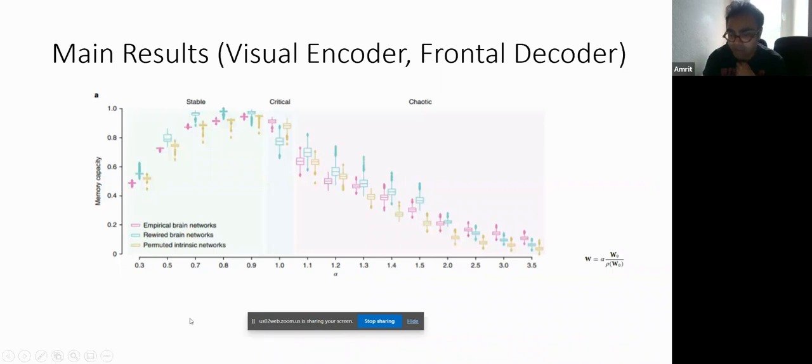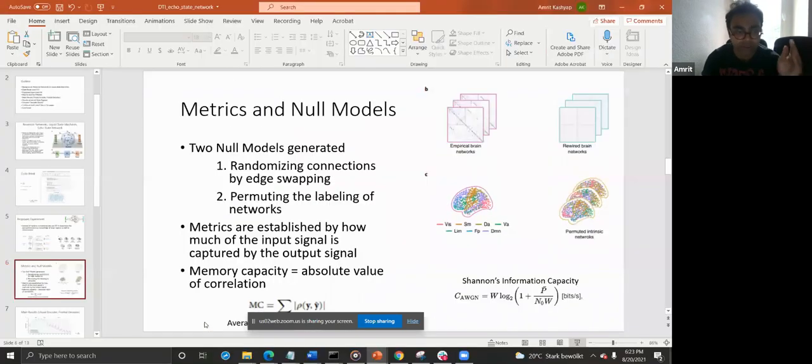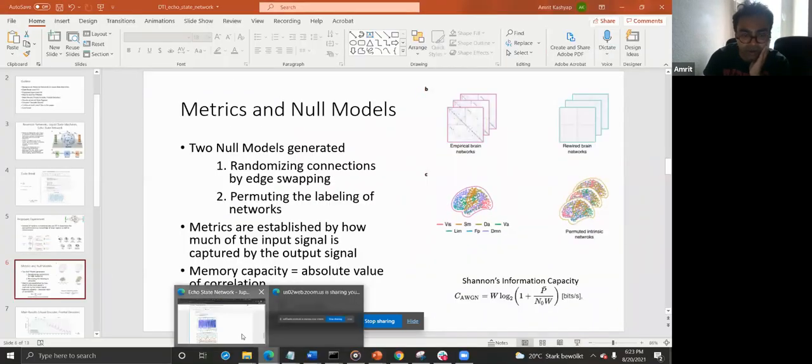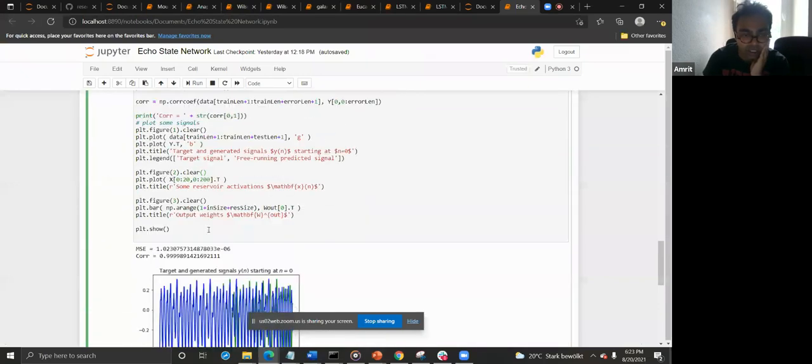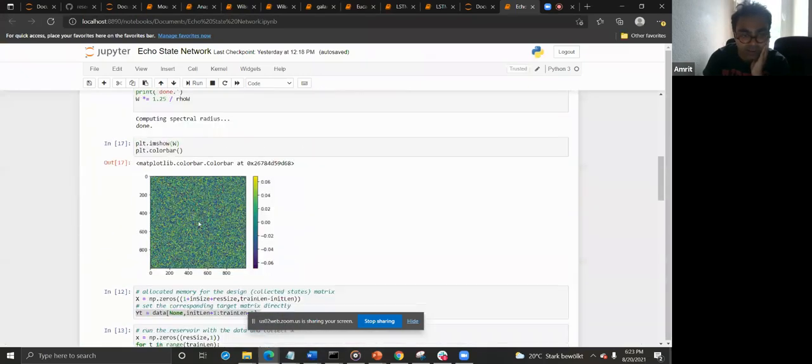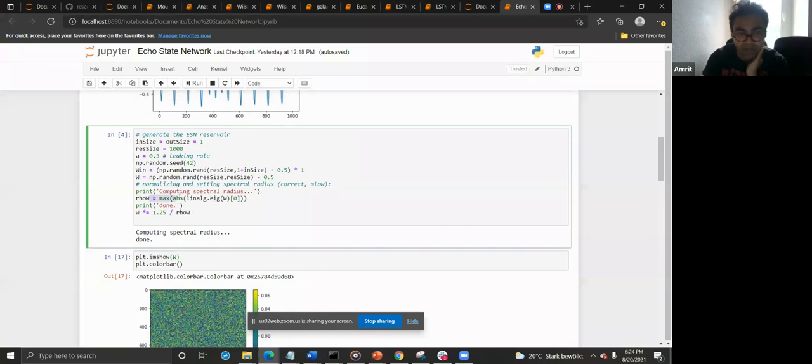Oh, and by the way, I should probably explain one more thing. The one other thing you can do in this whole network is, when you randomize this W and divide by the max eigenvalue, you can then multiply it by a constant. In this example, it was like 1.25 or something.